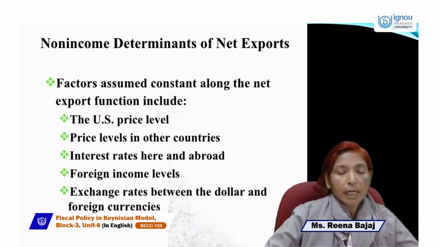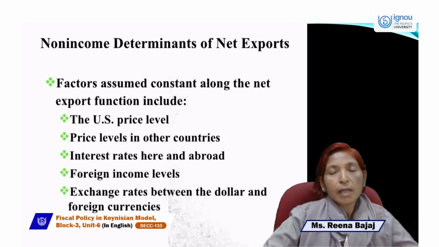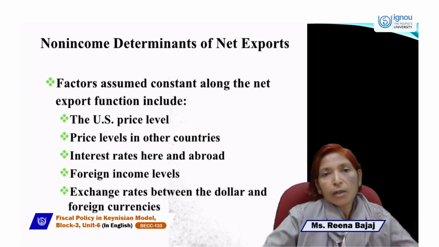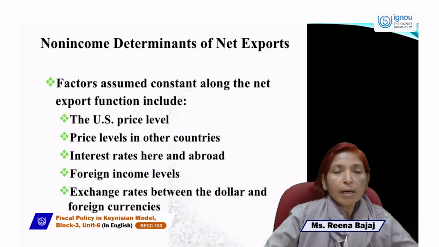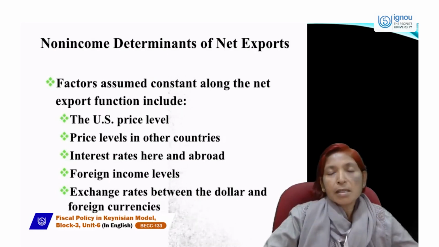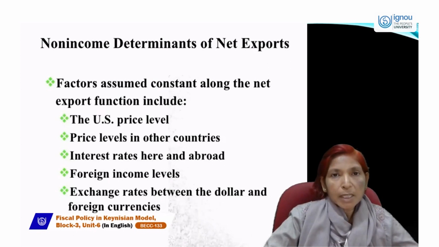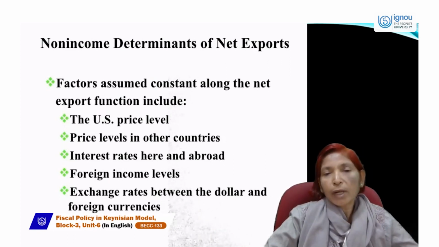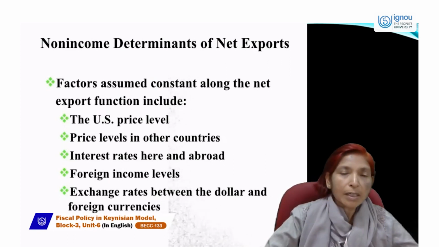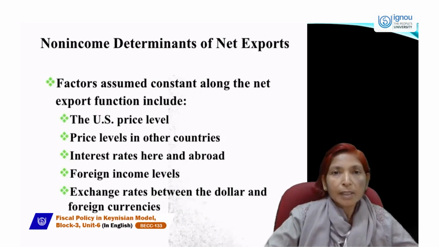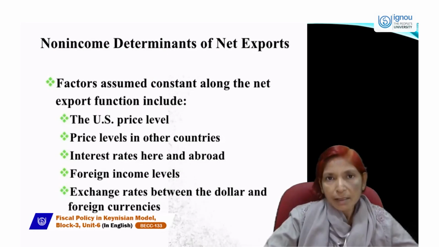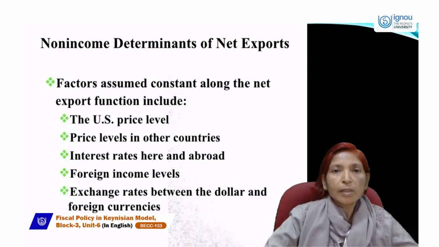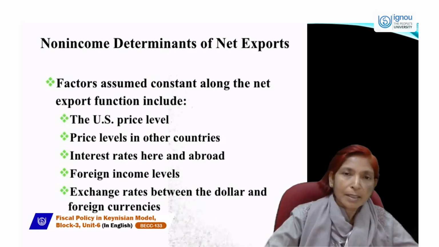It means if we want to take $1, then we must spend 80 rupees. If our currency appreciates, our country's product will become more expensive, so our exports will fall and imports will rise. In this case, the net export curve will shift to the left.